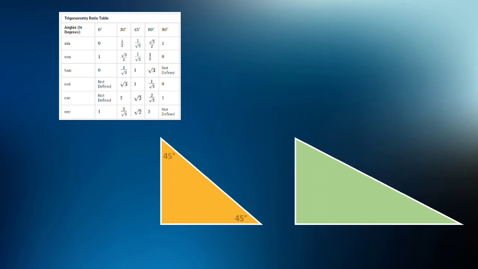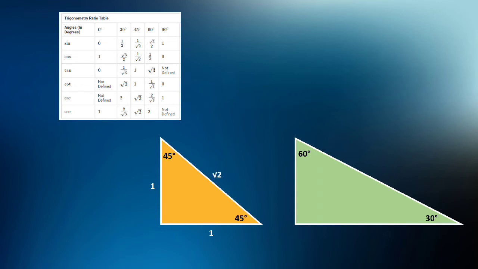First thing I will do is draw these two triangles and write 45, 45 for one of the triangles, and 60 and 30 for the other. Next, wherever the angle 45 is there, the side opposite to that angle I will write 1, and the side which is left I will write 2.